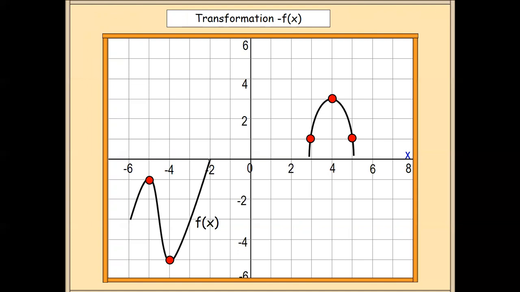So think about it. If this was -1, what's going to happen to -1 if I take the opposite of -1? +1, yeah? So this one should come over here. This one was -5. So it's going to be +5.